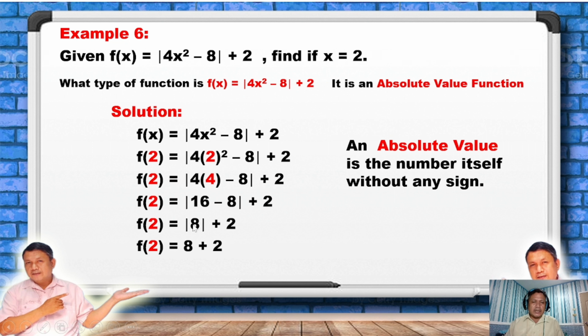Kung ito po ay negative, 8 pa rin po ang ilalagay. Tatanggalin mo ang negative. Ganyan ang ginagawa kay absolute value symbol. Again, we have f of 2 is equal to 8 plus 2 and the answer is 10. And this is now our final answer for number 6.